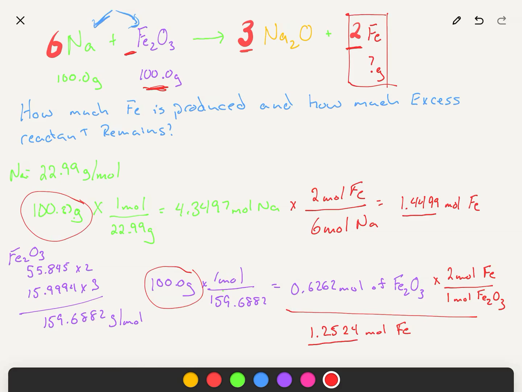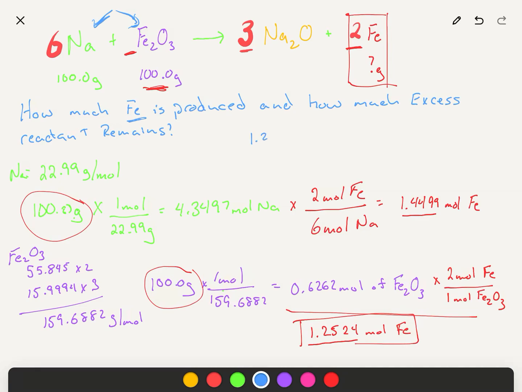So iron 3 oxide is limiting how much my reaction can go. It's saying, hey, you're going to get to 1.2524 moles, and then you're not going to have any more iron 3 oxide to react in this situation. So we would take this number, because it's the smaller number, and calculate our grams of iron, how much Fe is produced.